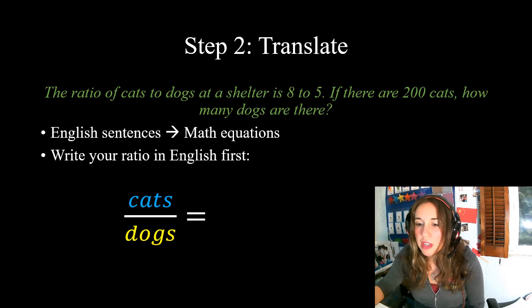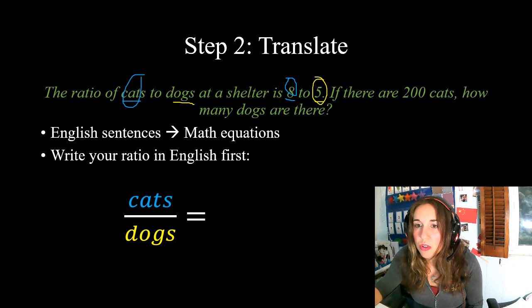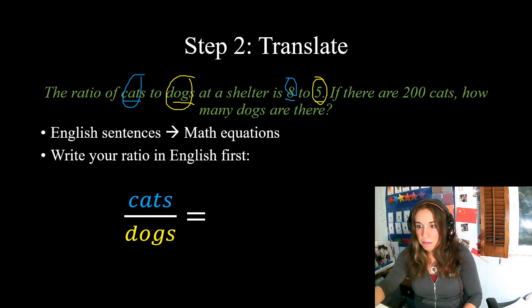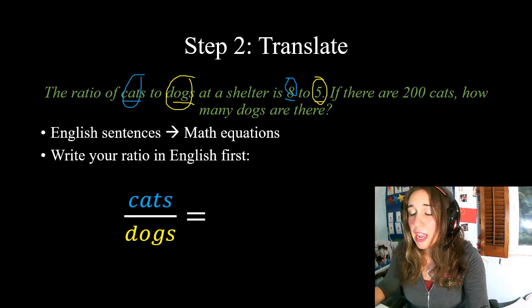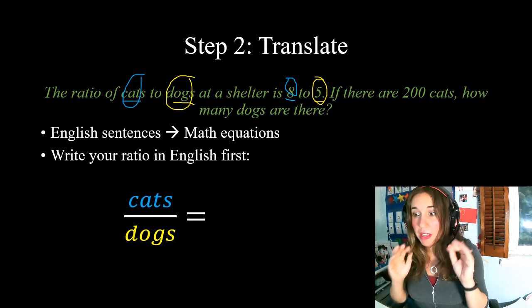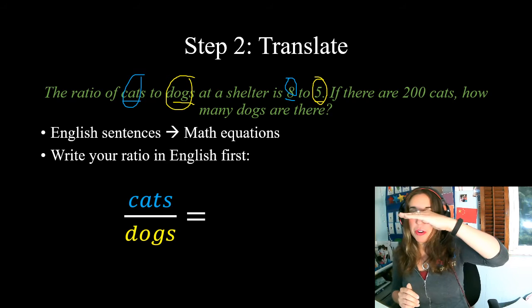This problem says that the ratio of cats to dogs is 8 to 5. That means for every 8 cats, there are 5 dogs, okay? So I'm deciding anytime I'm talking about cats, it's going to go in my numerator.